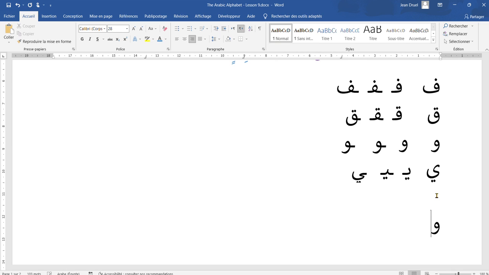In initial position, it cannot be a vowel. It has to be a consonant. So we have wa, or of course with the alif, wa. No need to repeat the fatha, it's redundant. Then we have wu, and then we have wi. This is the initial position, very simple.